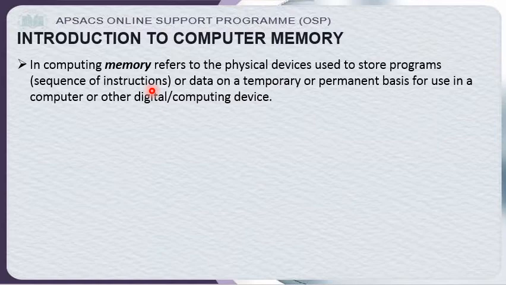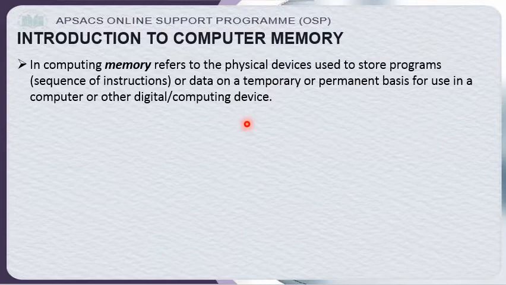For the use of a computer or other digital computing device. So when we talk about computer memory, basically it's the physical devices used to store programs or instructions or data on a temporary or permanent basis, for use in a computer or in other digital computing devices.